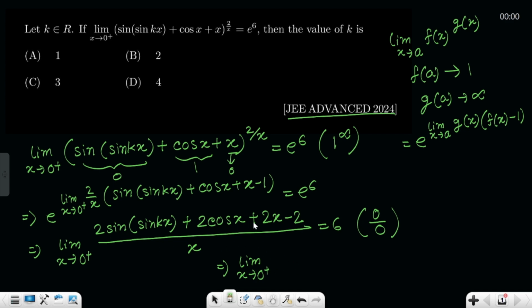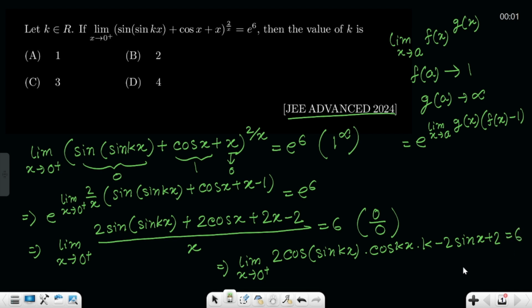Now the derivative of the numerator with respect to x is 2 cos(sin kx) into cos kx into k, according to the chain rule, minus 2 sin x plus 2. And in the denominator it is x, so the derivative of x with respect to x is equal to 1. That is simple. So this is equal to 6.